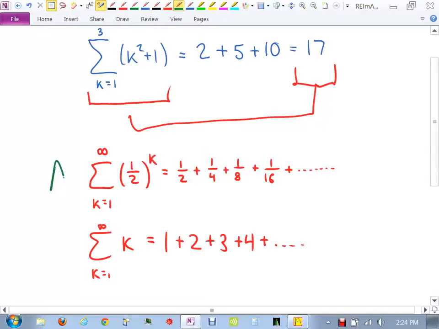Let's label these A and B. They're both infinite sums, aren't they? Which one of those obviously is unbounded, like just becomes infinitely large? The second one, B, right? 1 plus 2 plus 3 plus 4 forever is going to just go to infinity, right?